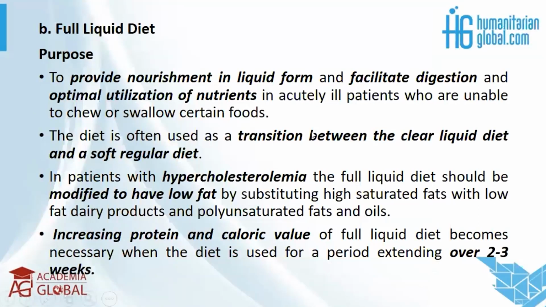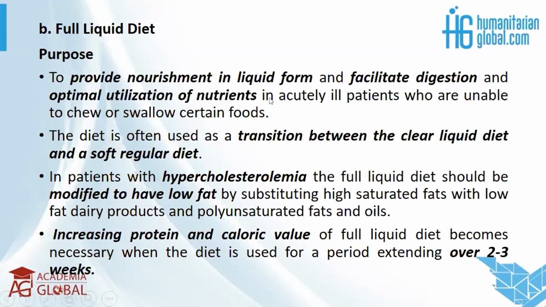Now the other way we change a diet in consistency: we have said the first one is to make it a clear liquid diet. Now the second way is to make it a full liquid diet. And why is this done? This is done to provide nourishment in liquid form.